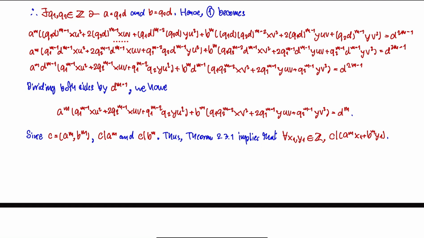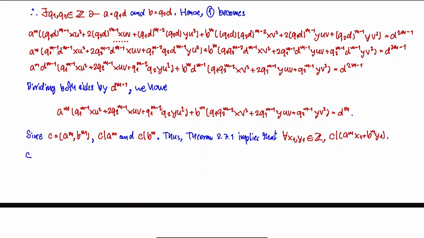This is our c. So c divides this term, and x1 and y1 are any integers. Take a look at this right here. These are all integers, right?